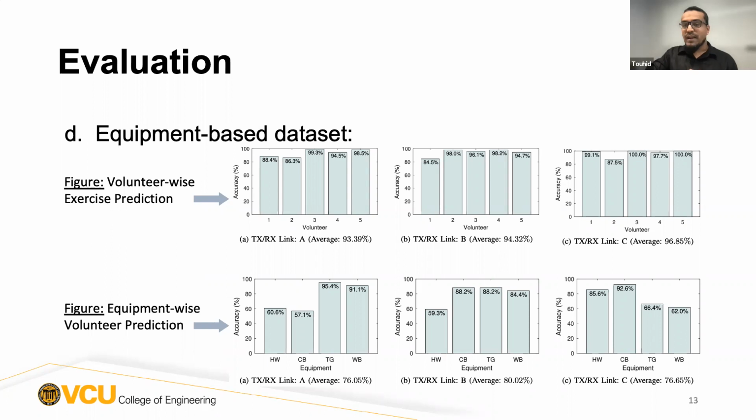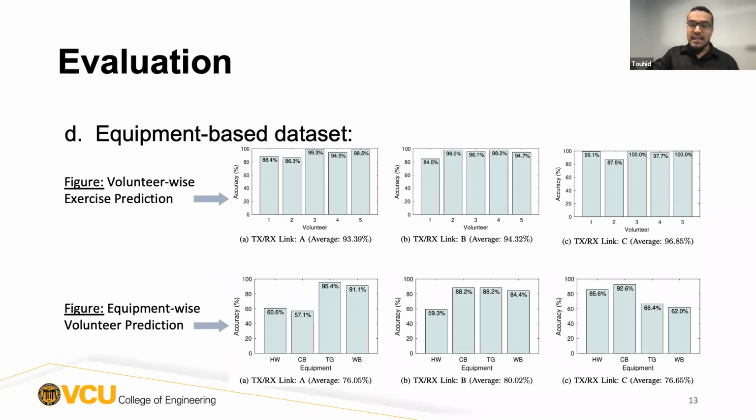As such, we find that the highest achieved accuracy for each TXRX link corresponds directly to the equipment most closely located in the line of sight of the TX and RX. This is because equipment located in the non-line of sight may have environmental noise, such as fans, as well as the physical movements being performed, which may overshadow the human identifying traits that could more easily be seen in the line of sight.